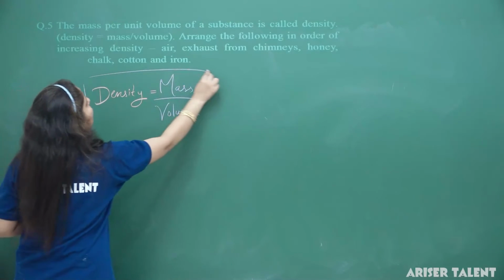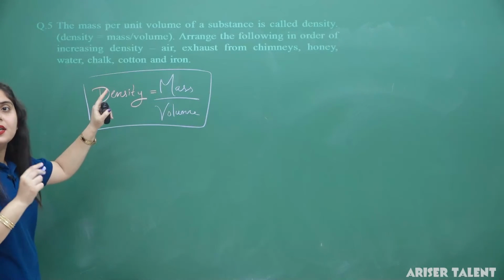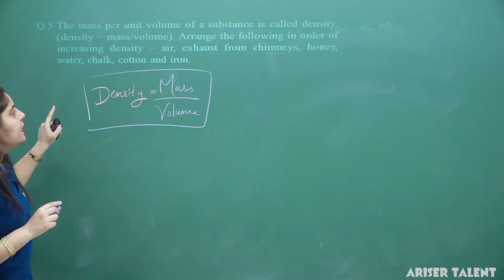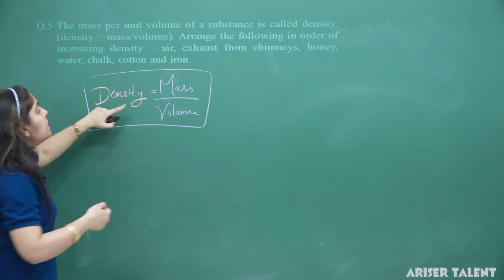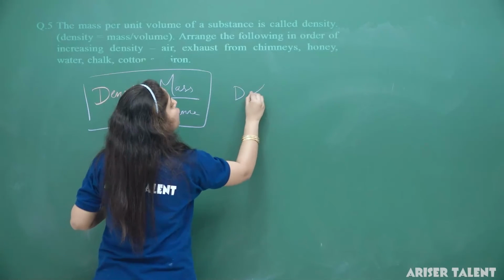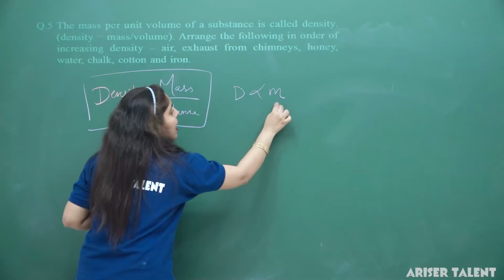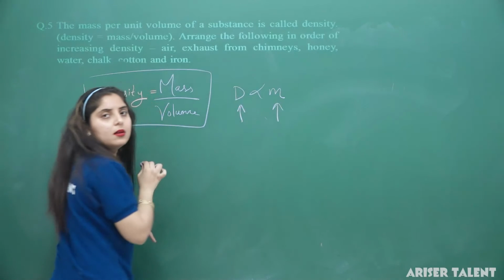Now we have to arrange these in increasing order of their density. Among all these, iron is more dense because density is directly proportional to mass. It means the higher the mass, the higher the density.